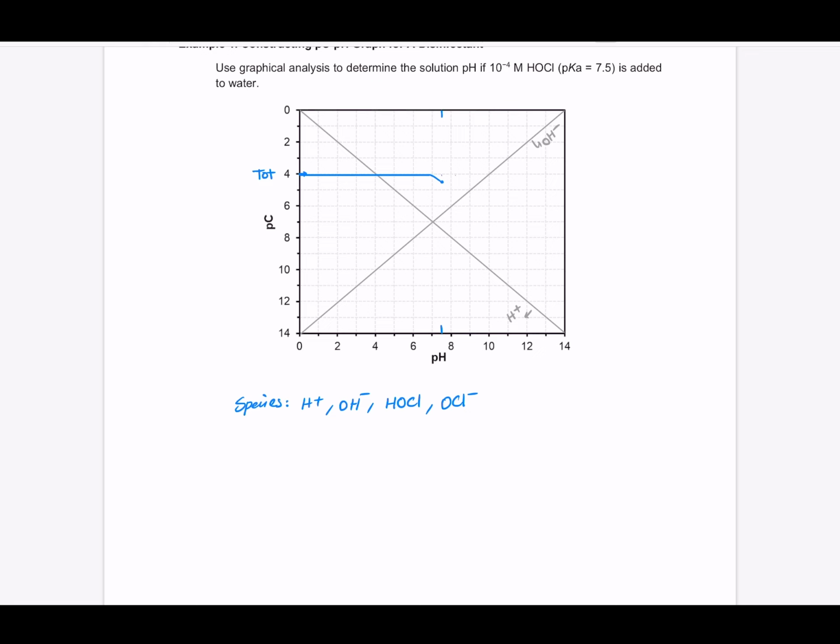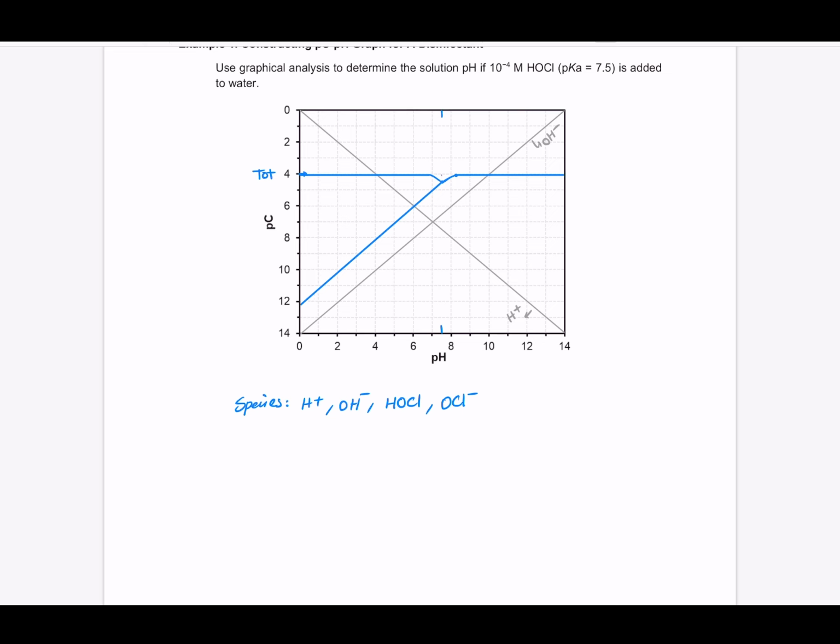And then to the right, we have the OCl minus. And then after this point, they just follow the line for a slope of -1 or 1.